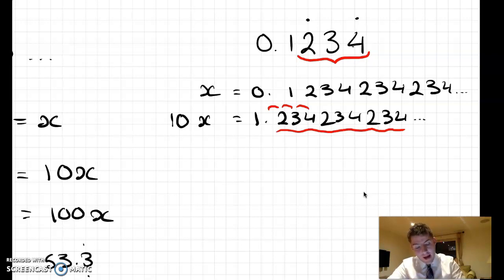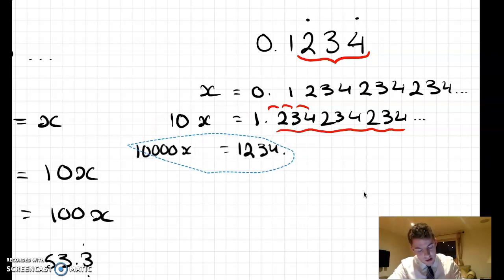We're going to get 10,000x equals 1,234 point, which is a bit nicer so you can see what I'm doing.